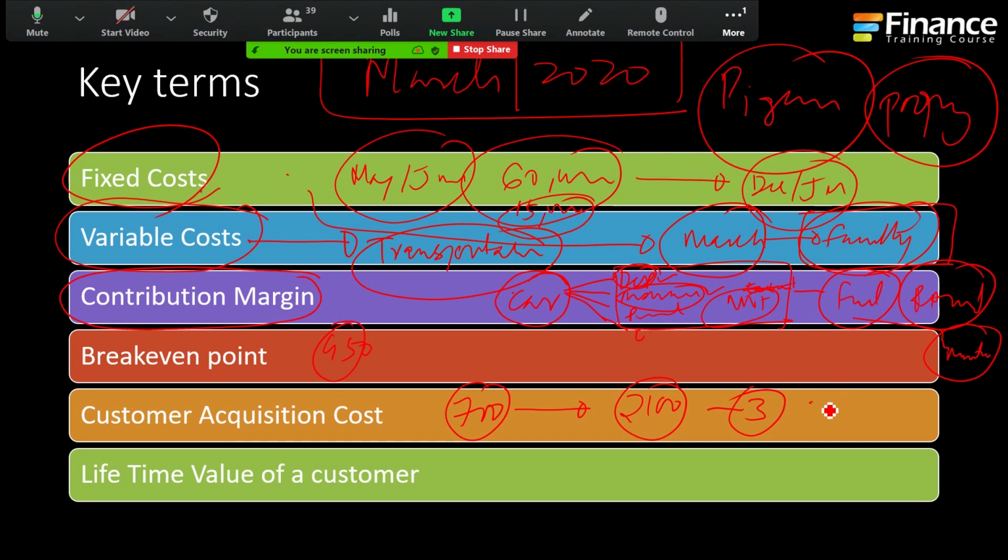If our cost was $2,800, then we needed 4 at the margin of $700 to break even, to get to a point where there is no profit and there is no loss. And then customer acquisition cost and lifetime value of a customer. These two pieces we've already done. We've covered this before.